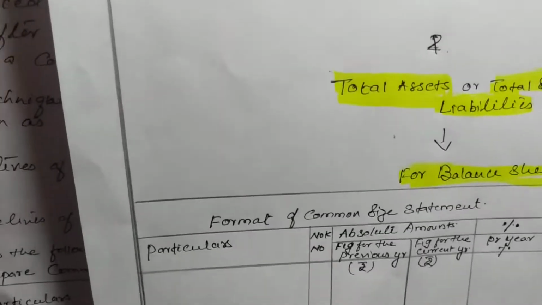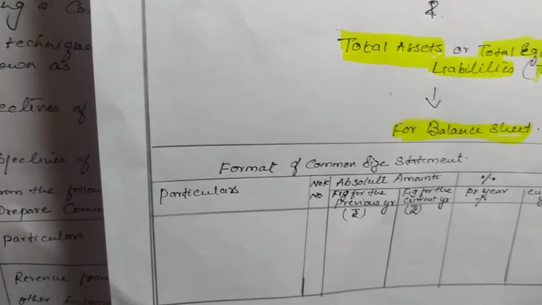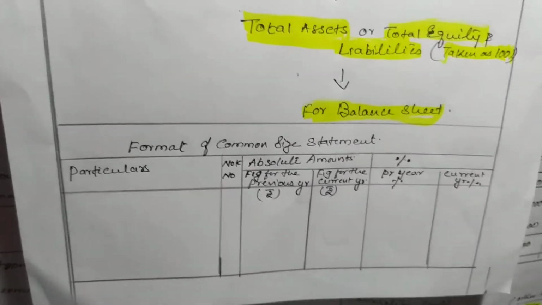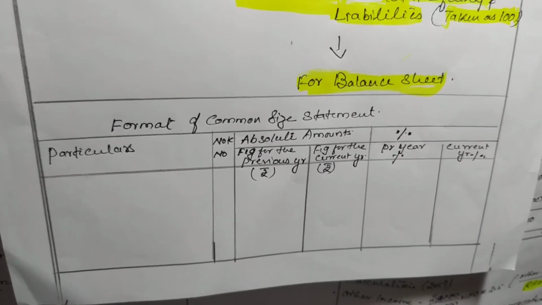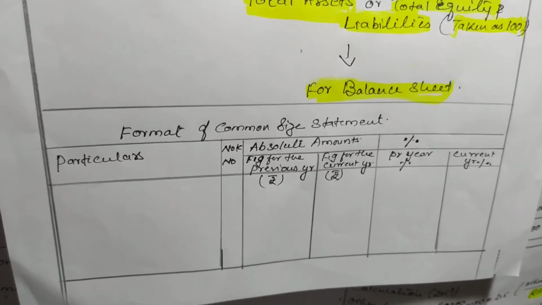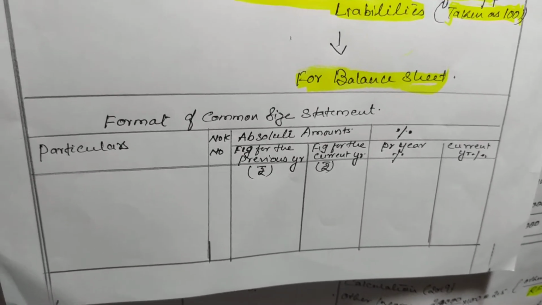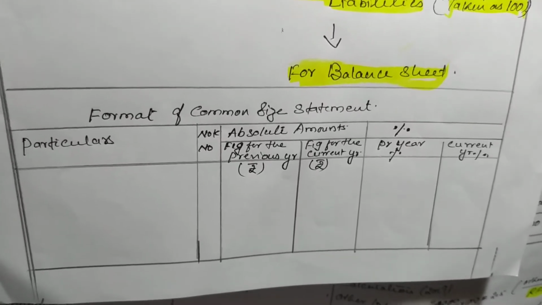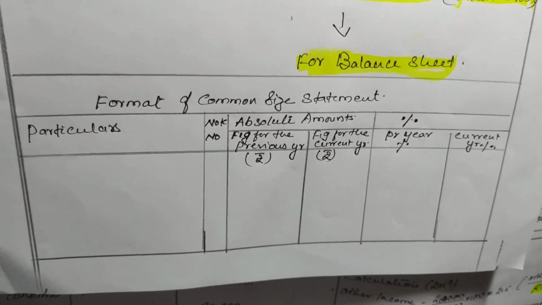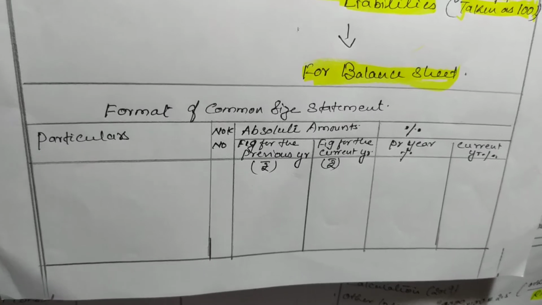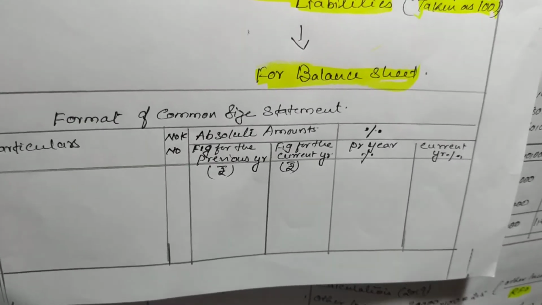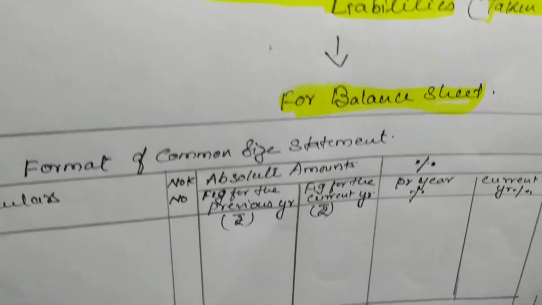Now let's see the format of common size statement. First column will be particulars, in which you will place your balance sheet format or statement of profit and loss format. The next is note number, and next is absolute amount.